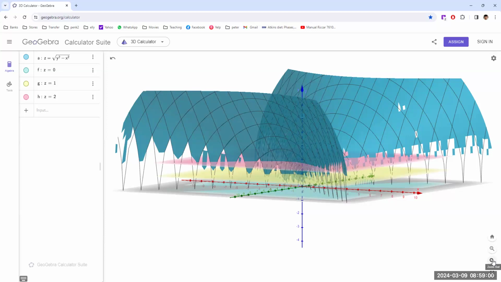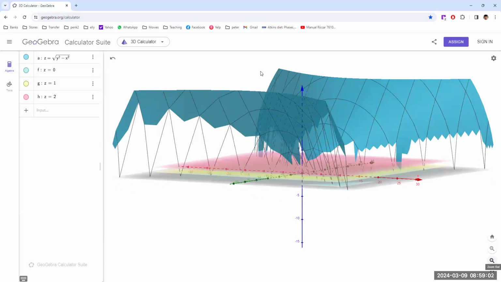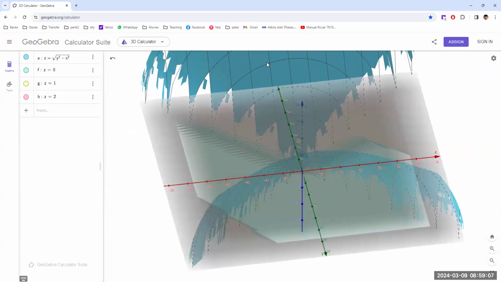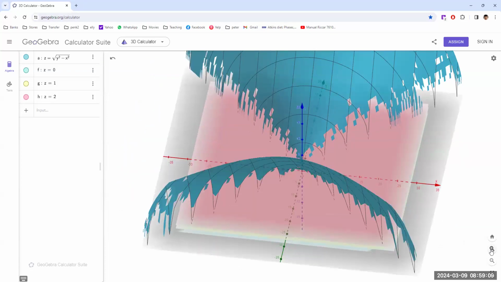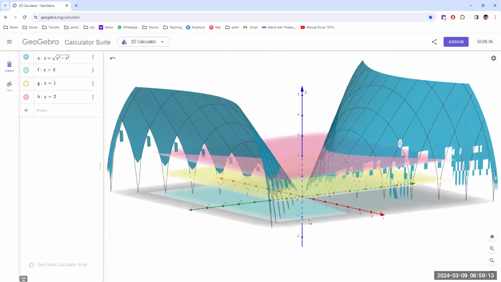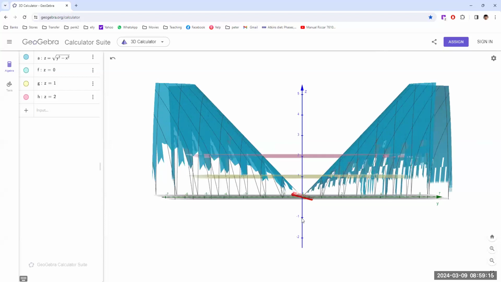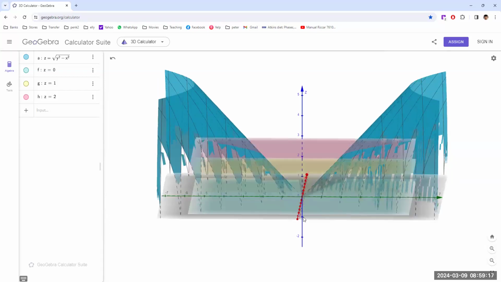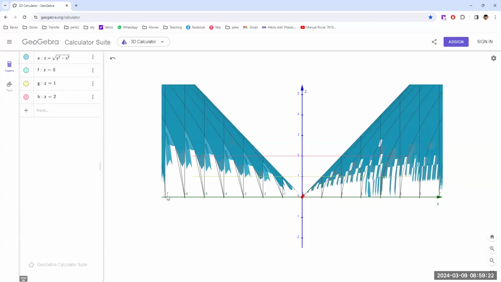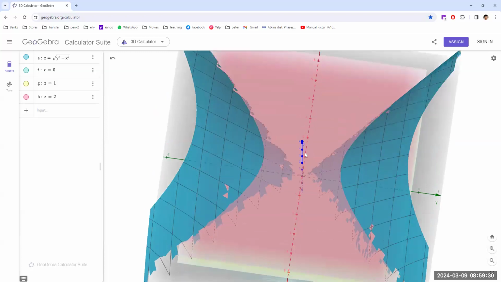Let's see that from far away, and then from closer. If we see it from the side, it looks like this. That's what it looks like from the side. This is z equals 0, the yellow one is z equals 1, the pink one is z equals 2.